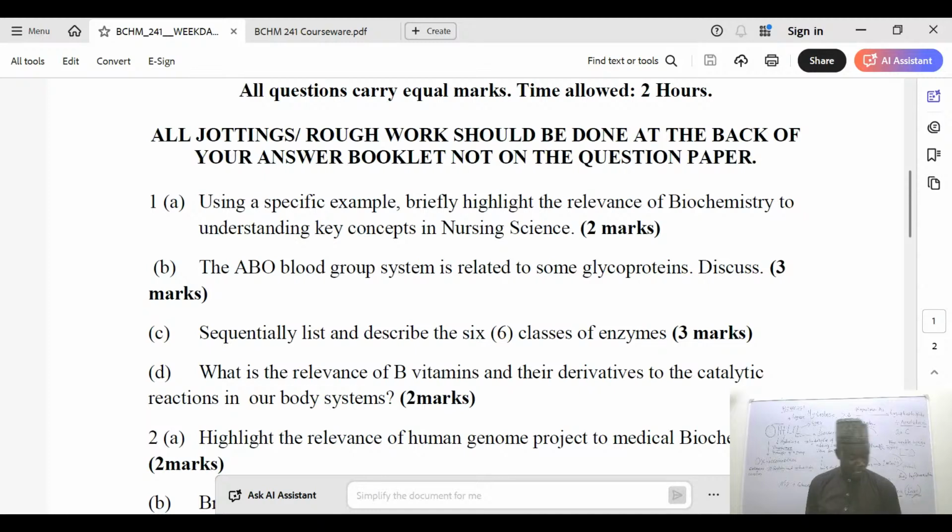What is isomerization? That is to change one functional group to another functional group. Maybe you have a compound that has a ketone functional group, and then you change it from ketone functional group maybe to aldehyde functional group. So that is isomerization.